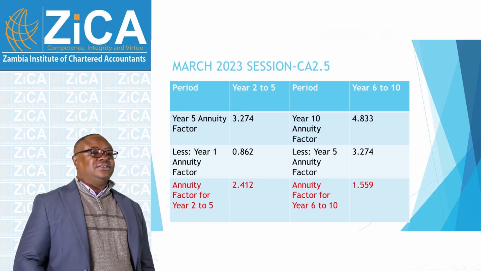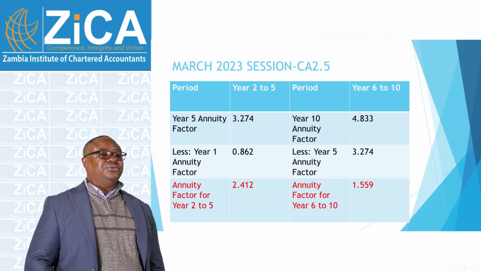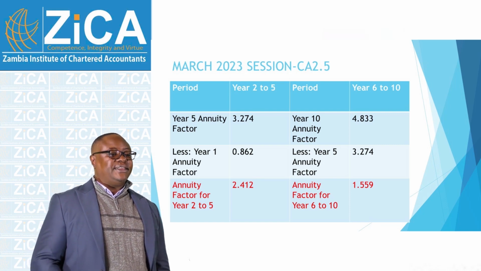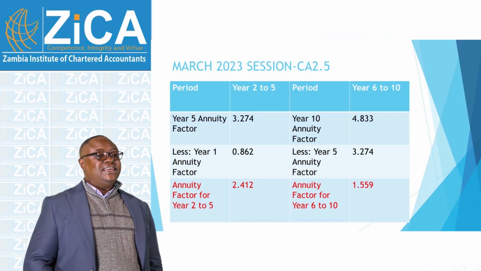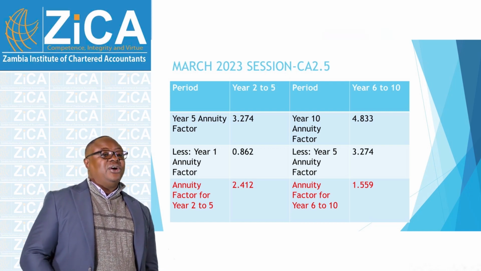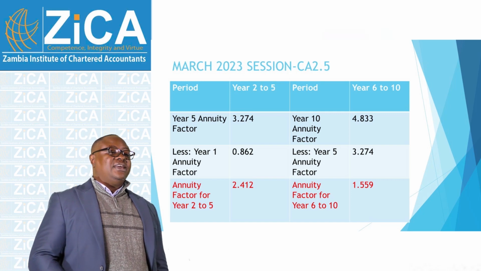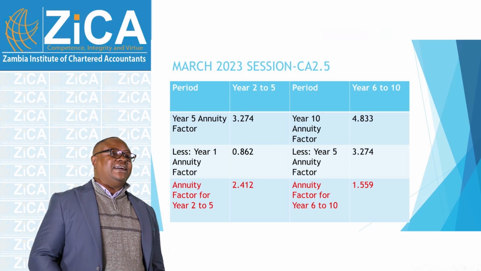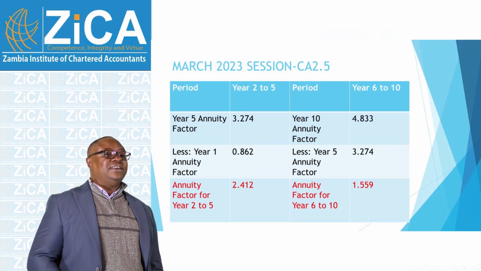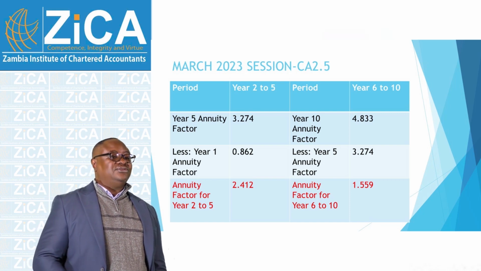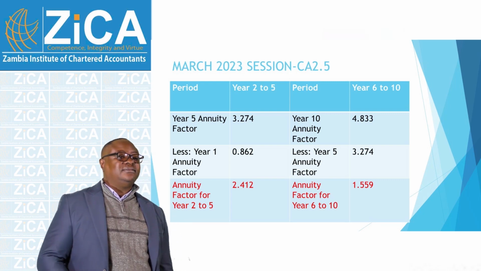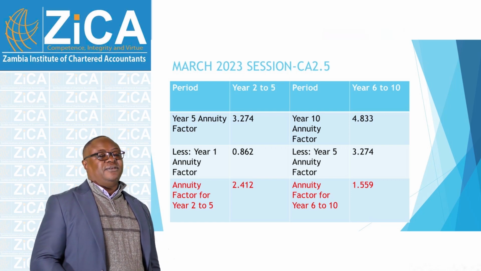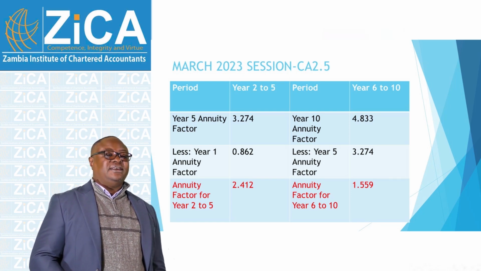Well, the first thing you do is you look at the last period for that particular annuity, considering that the cash flows were not starting from year 1, they were starting from year 2. So all you are looking at is the annuity from year 2 to year 5. So what you need to do is to remove year 1, and that is how you find the annuity factor for year 2 to year 5.